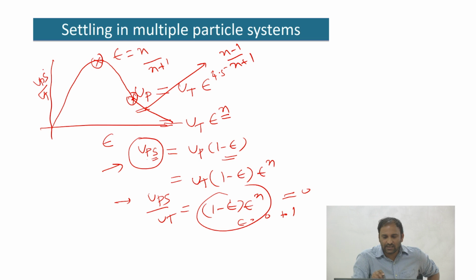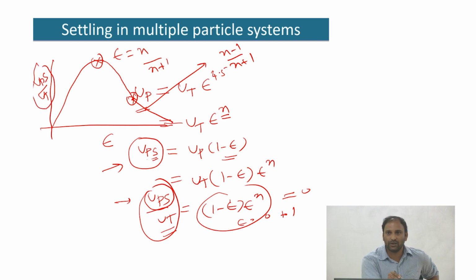So this plot is the dimensionless settling flux, where UPS is your superficial particle velocity, the velocity based on the entire cross sectional area, divided by UT, the settling velocity under free settling conditions. That is UPS divided by UT as a function of epsilon. The maxima appears at n divided by n plus 1, and the inflection point at n minus 1 divided by n plus 1.